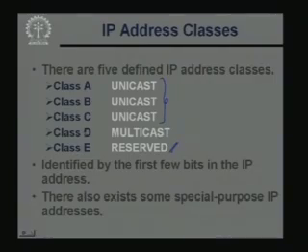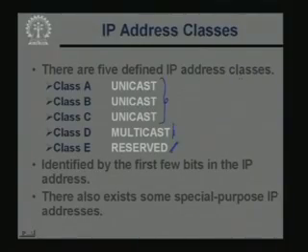In contrast, class D is a multicast address. Multicast means you want to send a packet to a group of computers, say all computers which are belonging to a LAN, you want to send them all at the same time. So, this is something called multicasting. The address will be such that it will be multicast to all the computers within a particular group.